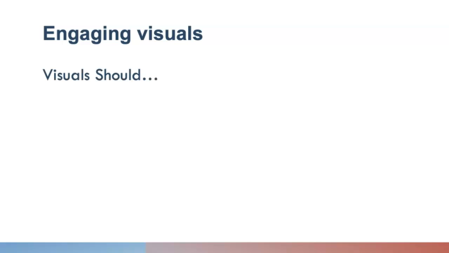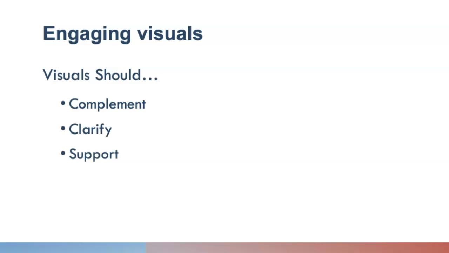When we're thinking of how to put visuals together, we should select visual elements that complement our content and the presentation, that clarify the information or our points, and overall support the message that we're trying to convey to the audience.